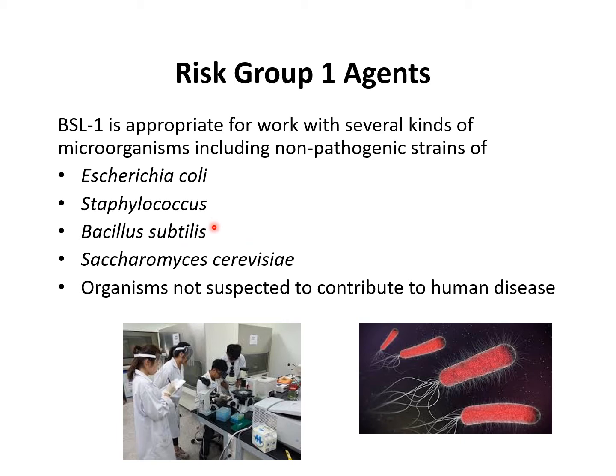These include E. coli, Staphylococcus, Bacillus subtilis, Saccharomyces cerevisiae, and some other non-pathogenic microorganisms. These are non-infectious, although somehow they might cause disease, but in general they are not infectious.